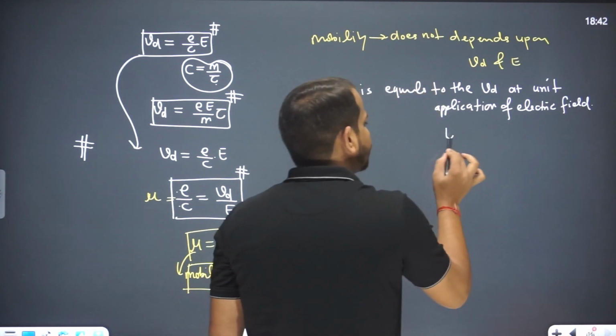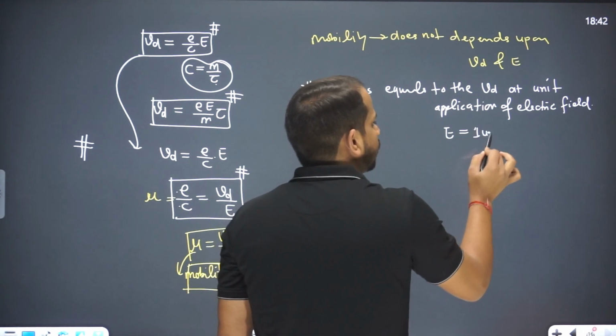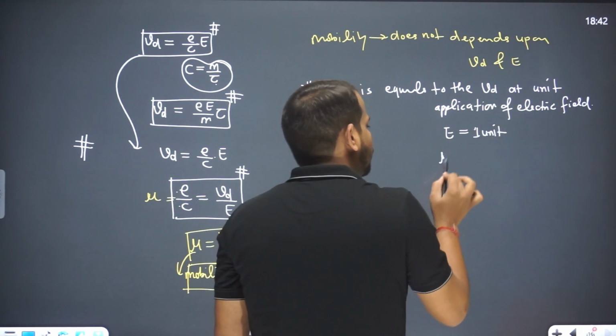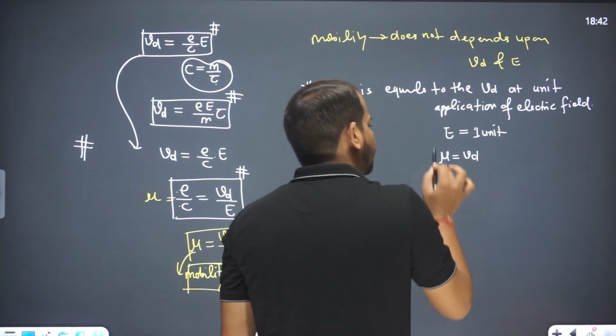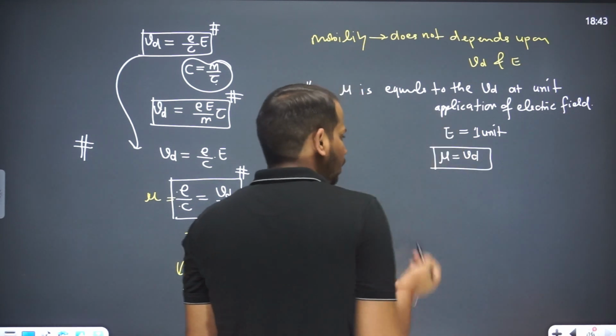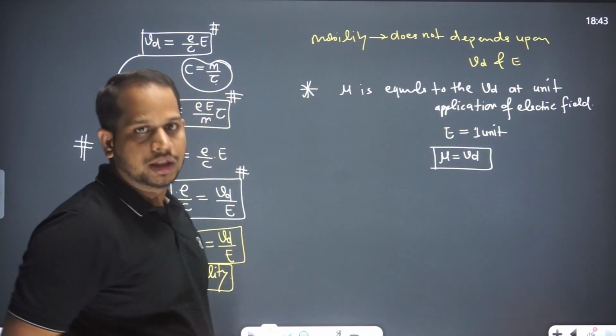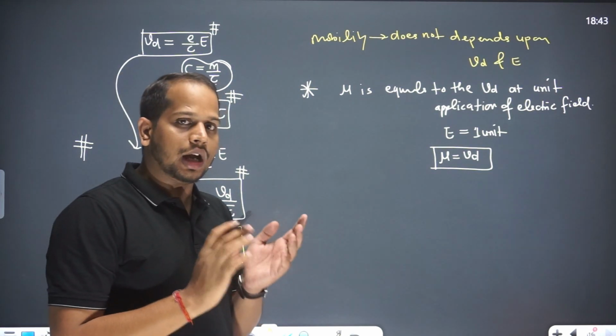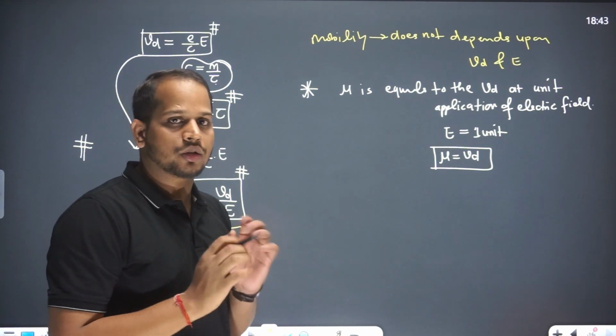What is the meaning of this? When we say E is equal to 1, then what is mu? Mu is Vd, right? But it does not depend on E and Vd, just like V equals IR, but R does not depend upon V and I because that is a constant, right?